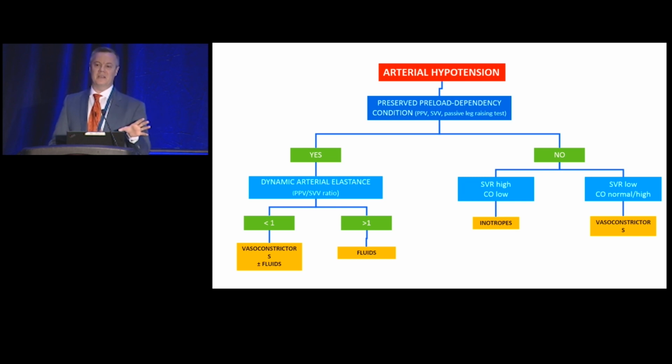But if this dynamic arterial elastance is low, you have to keep in mind that giving fluid alone is not enough for increasing arterial pressure. So you have to consider adding a vasoconstrictor infusion. But if the patient is not preload dependent, forget about the fluids. It's not the solution for this patient. So you have to consider vasoconstrictors or inotropes.